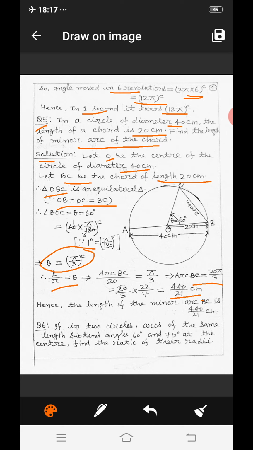Hence the length of the minor arc BC is 440 by 21 centimeter.